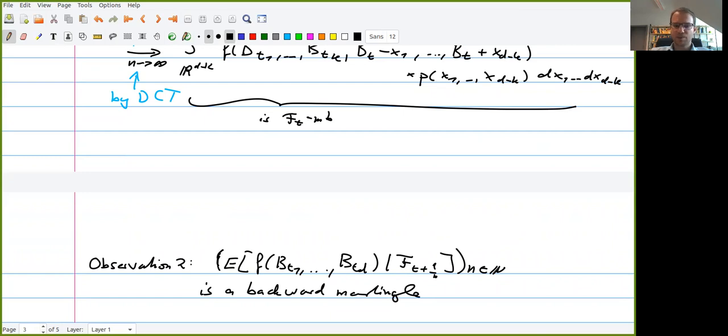If you haven't seen a backward martingale, don't worry. This is the only place, I think, where we use it. The point is that if you look at this as a process, it's a martingale with a shrinking filtration.